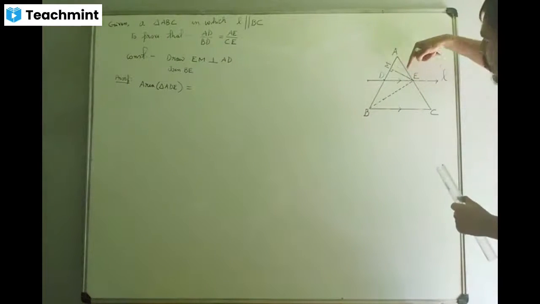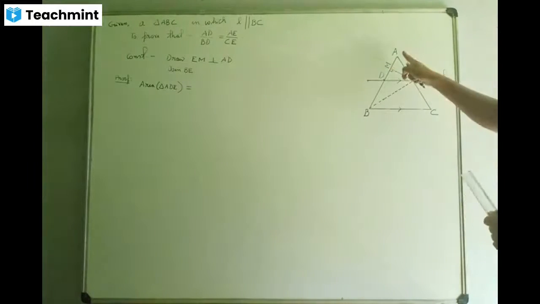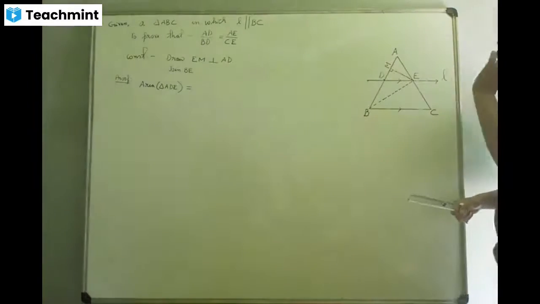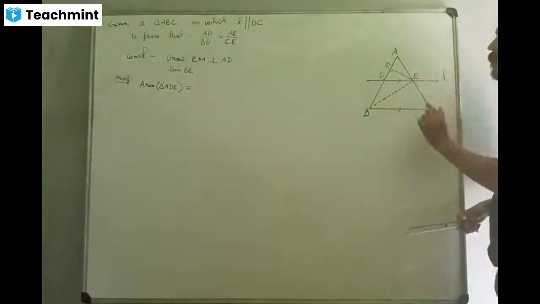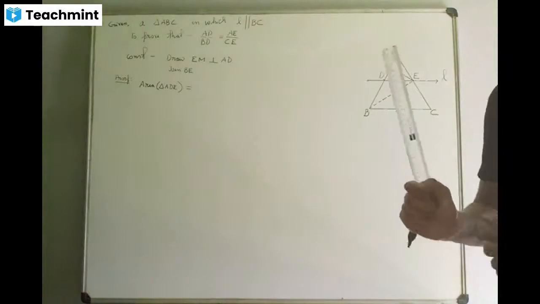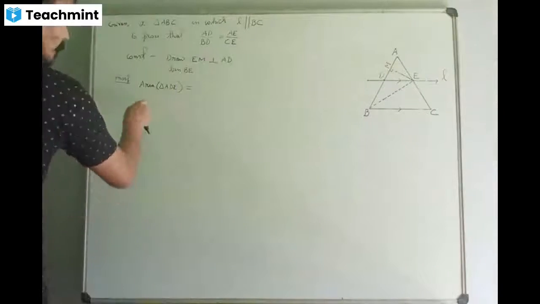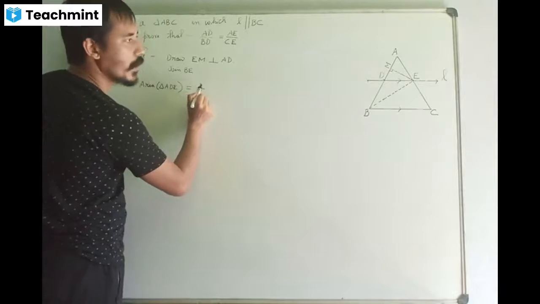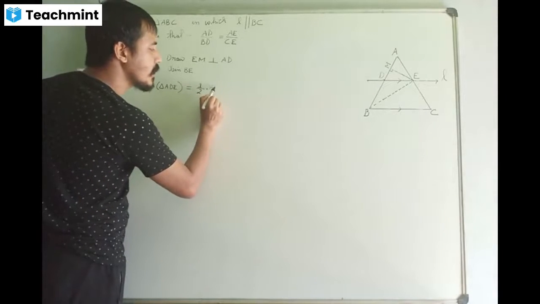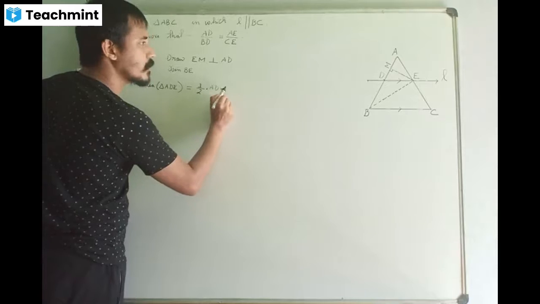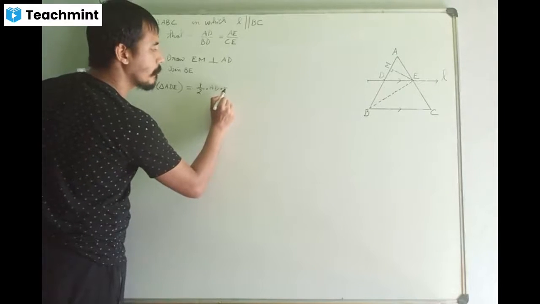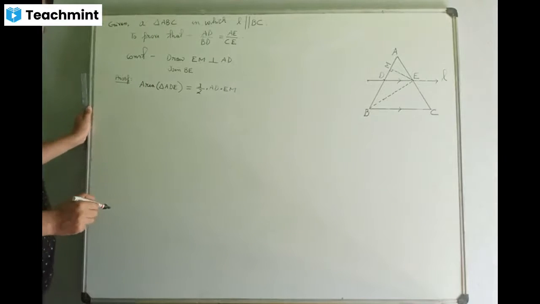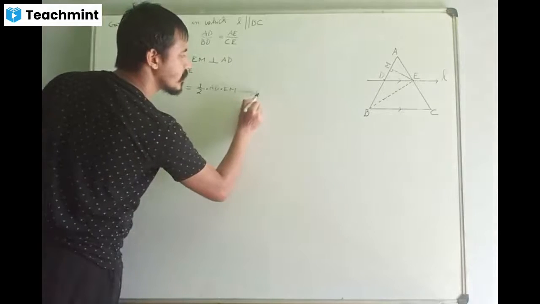See here, your EM is perpendicular to AD. So if you have chosen AD to be the base, then the height of your triangle is EM, because EM is a line which is perpendicular to AD. So area of triangle ADE will be given by half base into height, that is half into AD into EM. Is it alright? So we can make this as equation 1.